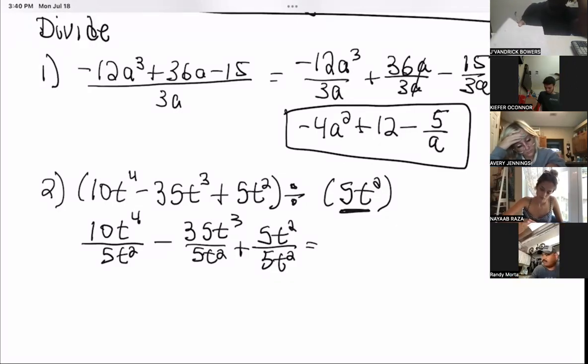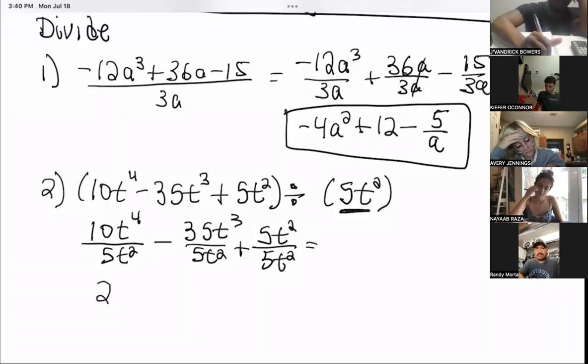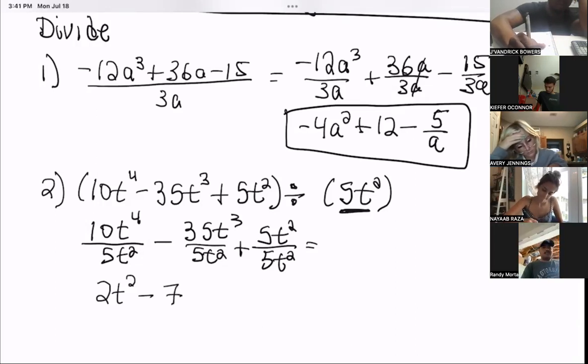And then we simplify each part. So 10 divided by 5 is 2. T to the fourth divided by t squared is t squared. Minus 35 divided by 5 is 7. T cubed divided by t squared is t.